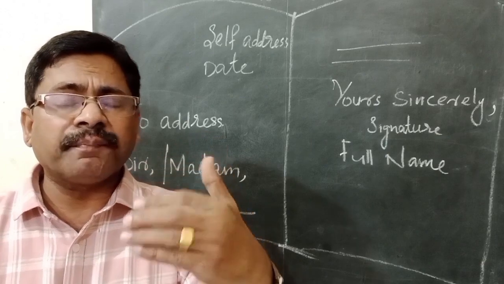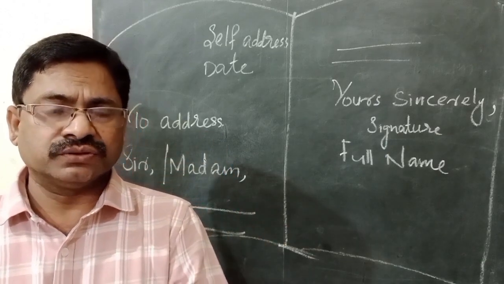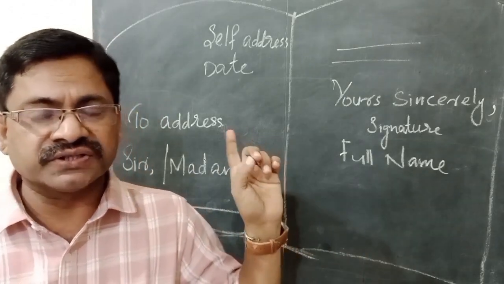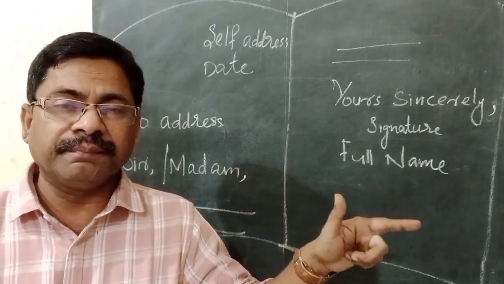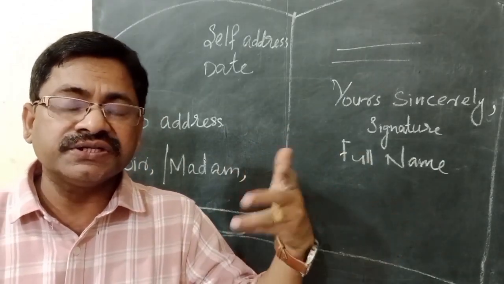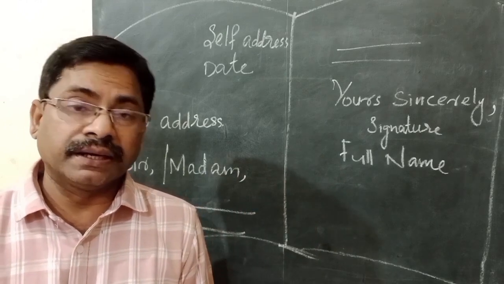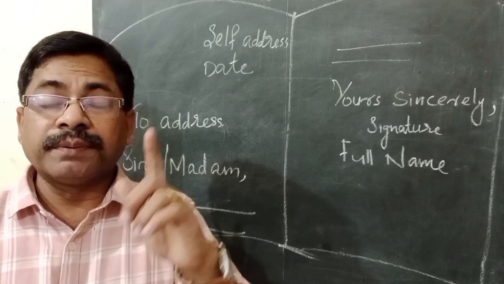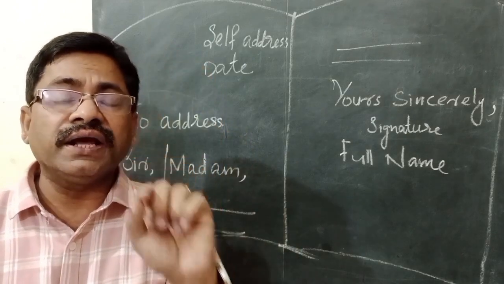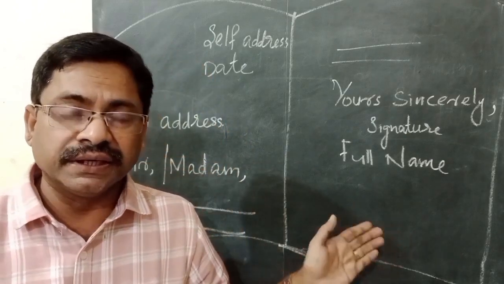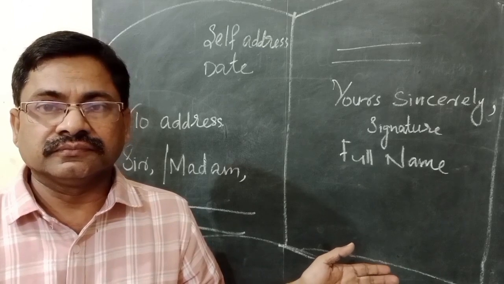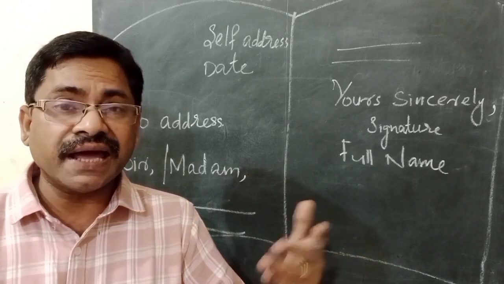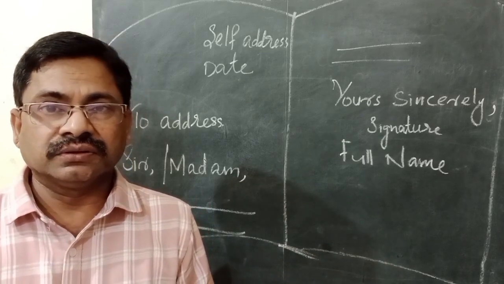Write a letter to the principal of a college. Write a letter to whom? The principal. So in the first line, the principal, T capital, P capital. The principal of a school, the principal. Next line, the principal of a college, the name of the college should be written. The St. Gregorius College, the St. Albert College.